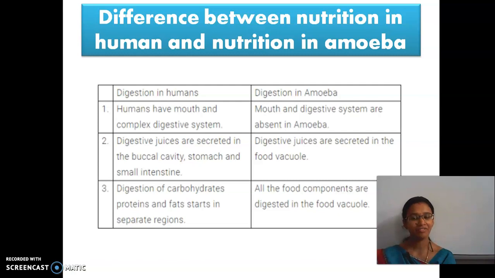Here different juices are involved, for carbohydrates, proteins and fats, each in a separate part. Later carbohydrates are converted into glucose, proteins to amino acids, fats to fatty acids.